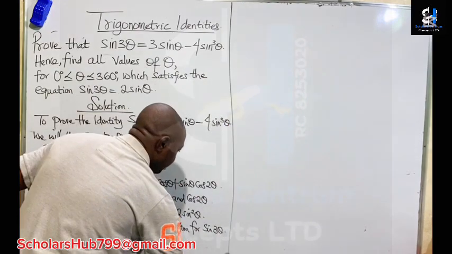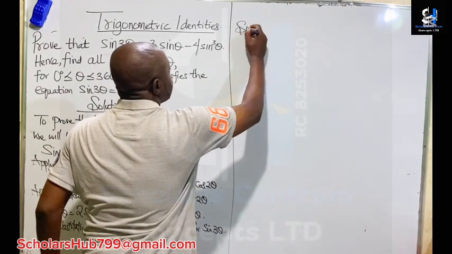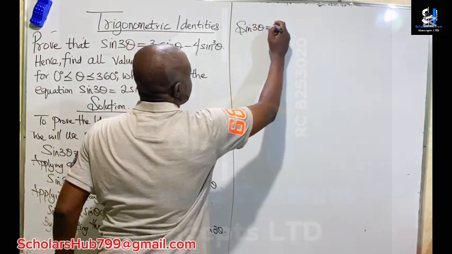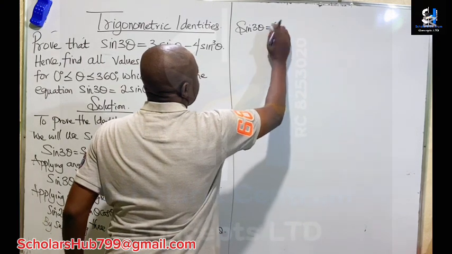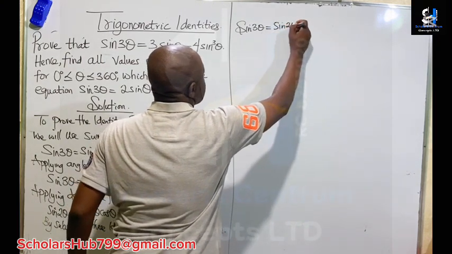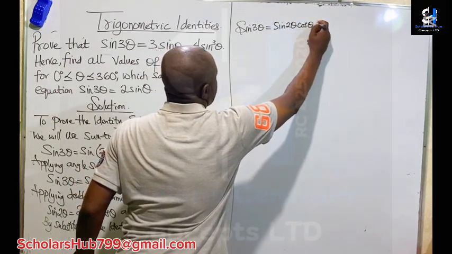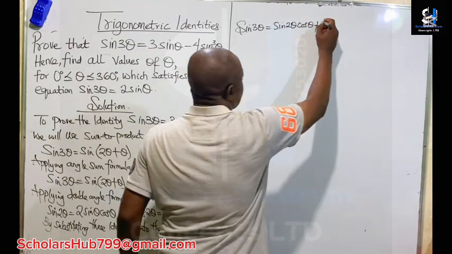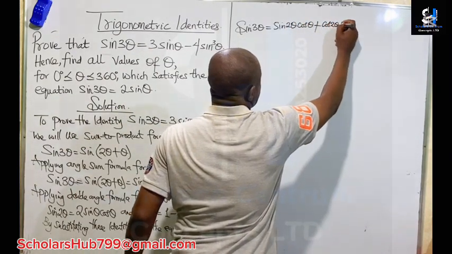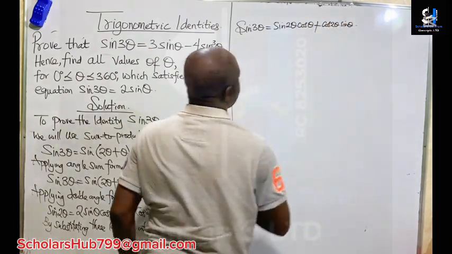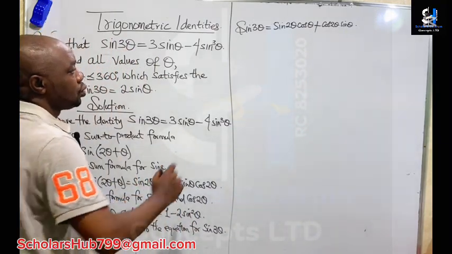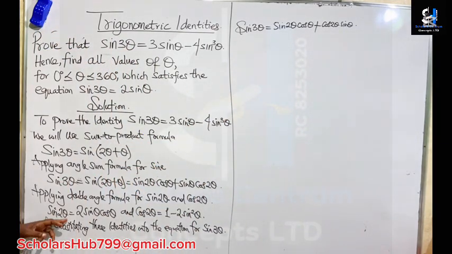That is, sine 3 theta equals sine 2 theta cos theta, plus cos 2 theta then sine theta. Okay, so now we know that sine 2 theta is what? 2 sine theta cos theta.